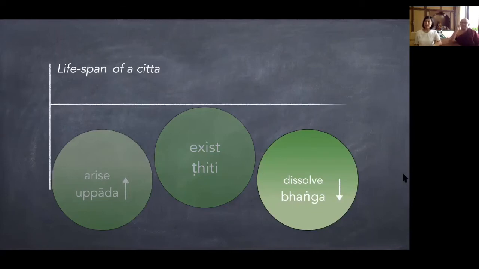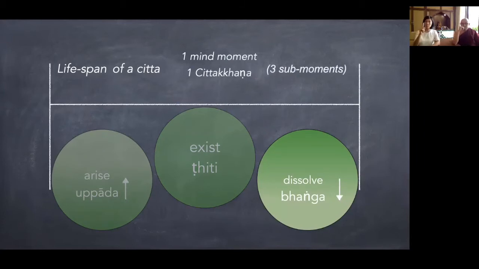So the lifespan of a chitta, which we usually call one mind moment, is divided into three sub-moments: arising, existing, and dissolving. Upada, Titi, and Bhanga. Upada, Titi, Bhanga, Upada, Titi, Bhanga. This is how mind arises and passes away.